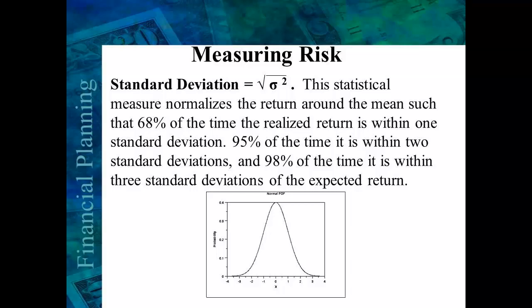Consider the following example. A security has an expected return of 15% and a standard deviation of 5%.